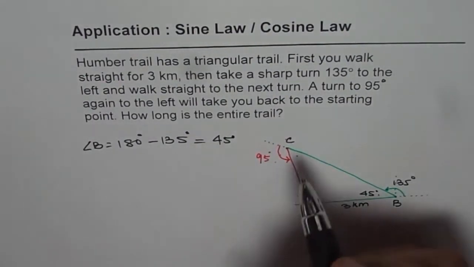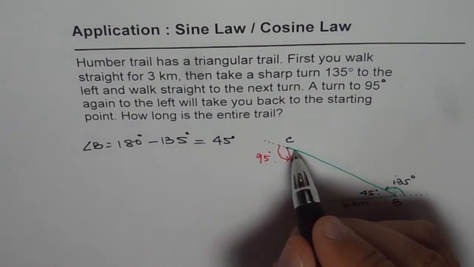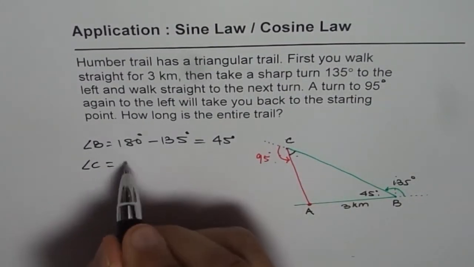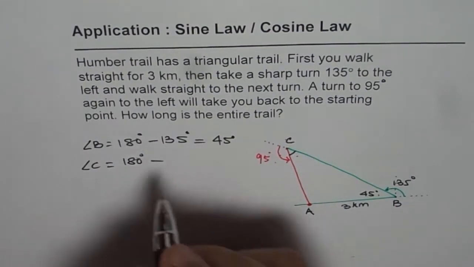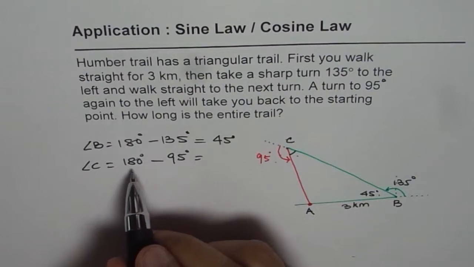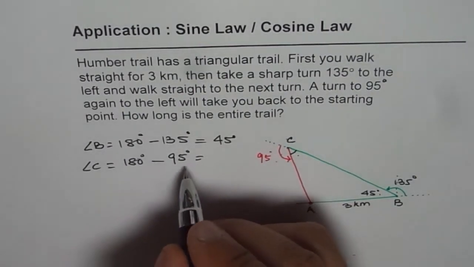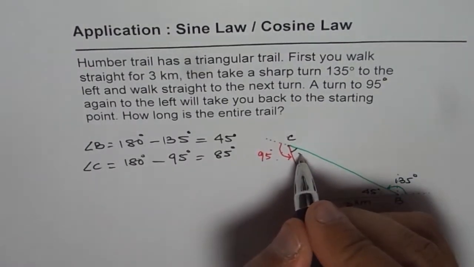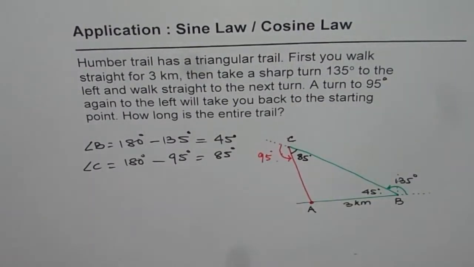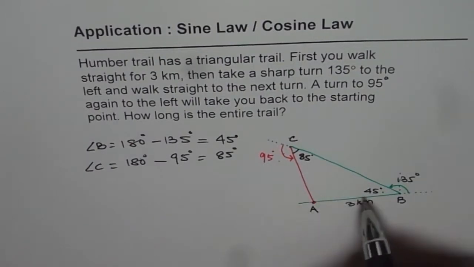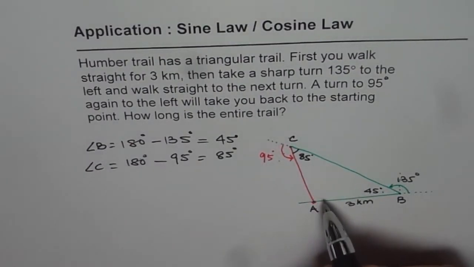Now angle C is how much? Angle C is 180 degrees minus 95. So 90 is half of 180, and 95 is 5 more than 90, so we get 85 degrees here. That gives us two angles. We can always find the third angle, right?